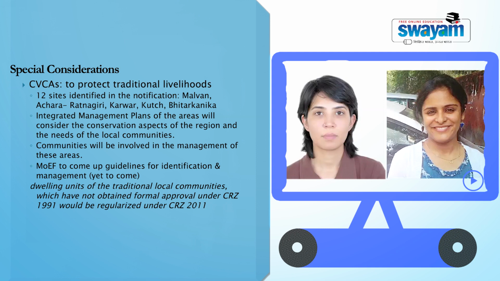The notification further states that these areas will be identified, planned, notified and managed based on guidelines issued by the MOEF. Communities will be involved in the management of these areas, and the integrated management plans of these areas will be based on the conservation aspect and the needs of the local communities of the region.